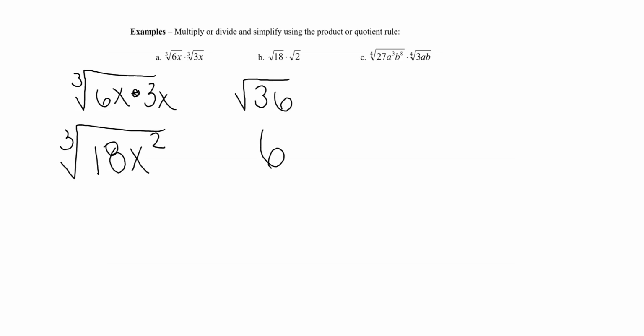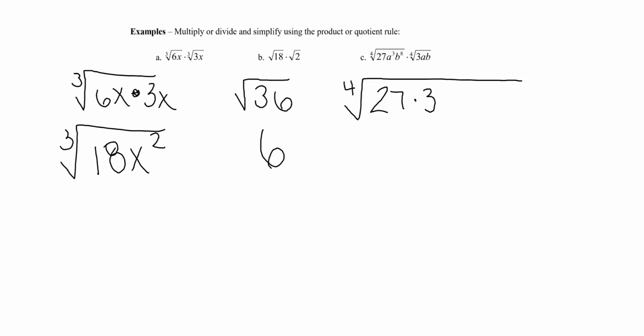Okay, for C, we are looking to multiply the 4th root of 27a to the 3rd b to the 8th, times the 4th root of 3ab. So I'm going to again combine it under one radical. And I'm going to use my commutative property here, and put the like terms together.